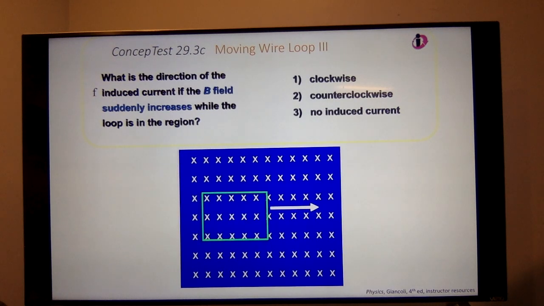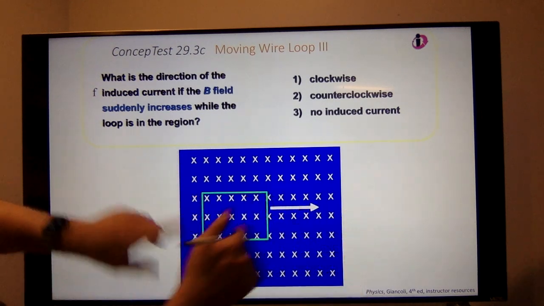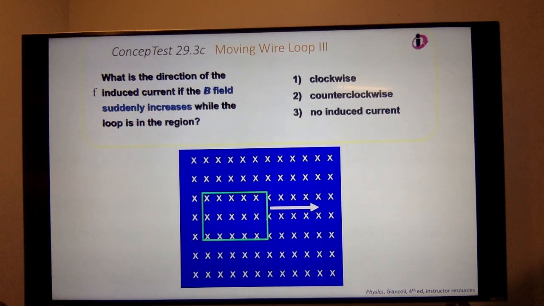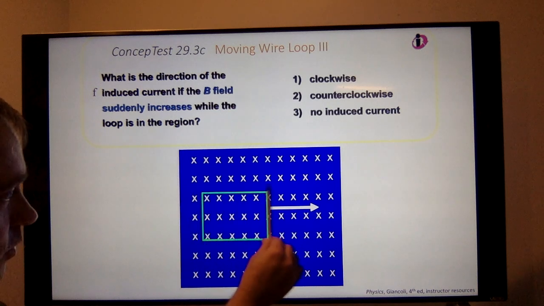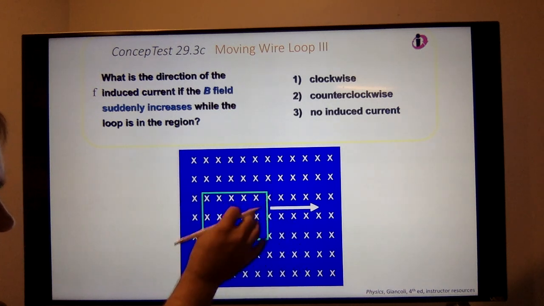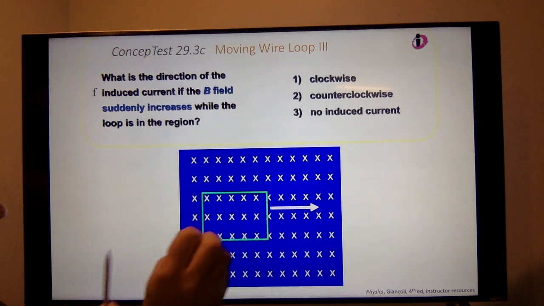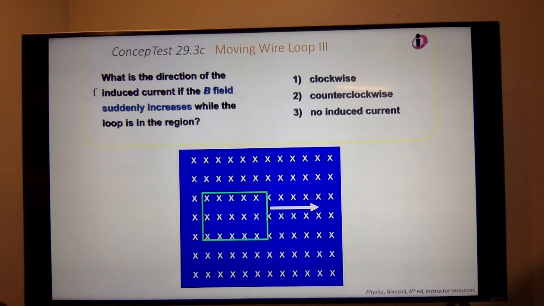What if here it says that we have this magnetic field that's pointing into the page, but the magnetic field suddenly increases? So yes, it's being dragged this way, so how much is getting through there isn't changing, but someone's turning up the power of the magnetic field, which means there's more magnetic flux in that direction.